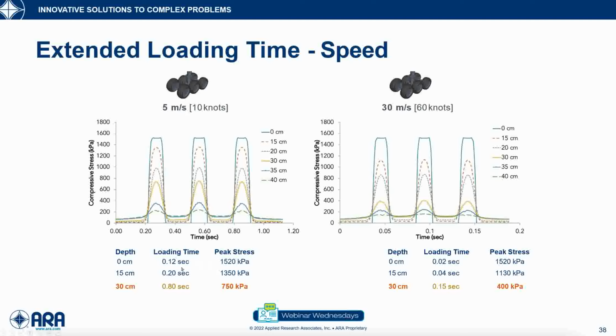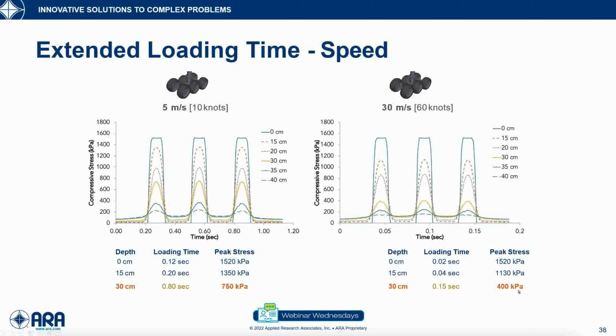But again, I'm interested in deep in the base layer. In the base layer, 30 centimeters deep, the load from the 5 meters per second lasts 0.8 seconds, and it's 750 kPa. For a faster speed, the load is only felt for 0.15 seconds, a much shorter duration of loading, and the stress is lower.